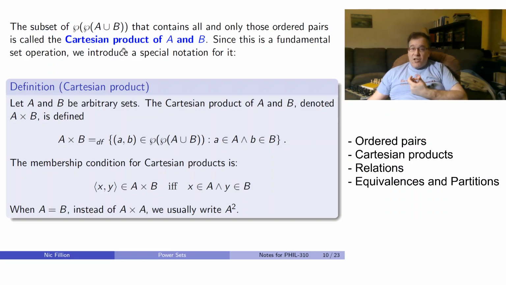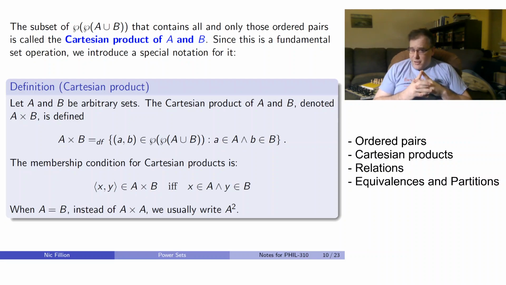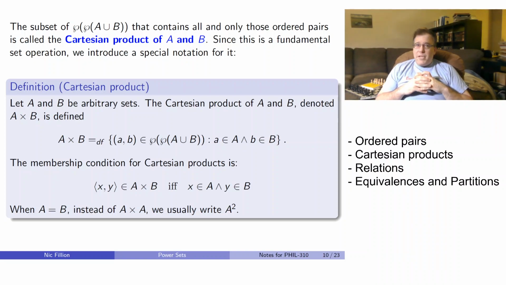Now, why is it called the Cartesian product? I'm glad you asked. That's a very important question. Well, Cartesian comes from the name of a person called René Descartes, who is not only the founder of modern philosophy, as some people like to say. I don't like to say that, but some people like to say that. But he's also the inventor of modern analytic geometry.